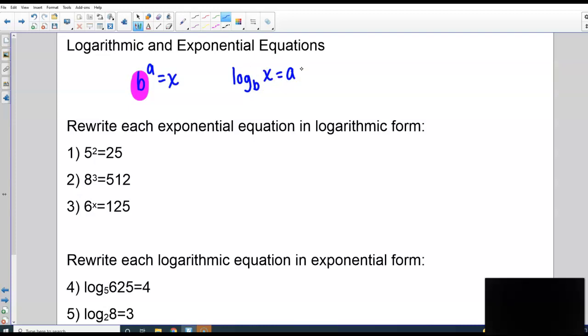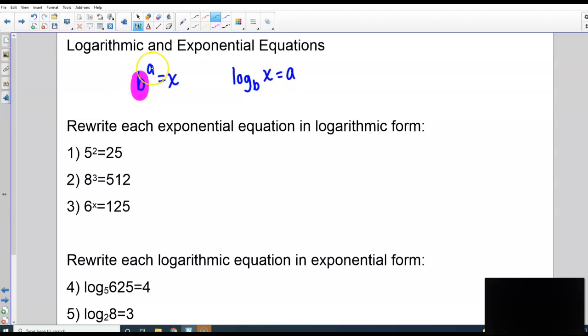This is the formula you're going to use to translate. I would probably write this down. Your base raised to a power equals x. That base has to be the base of the logarithm. And I always tell students, whenever you rewrite an exponential as a logarithm, you're trying to break up whatever was together.